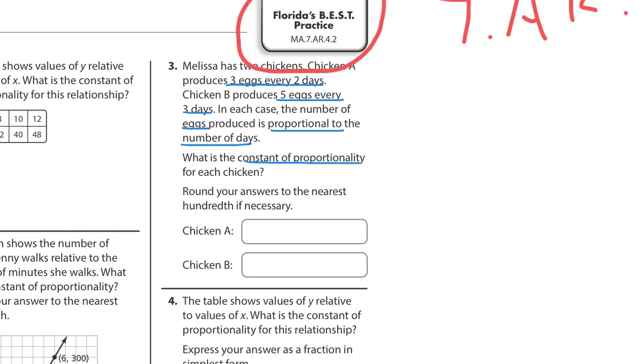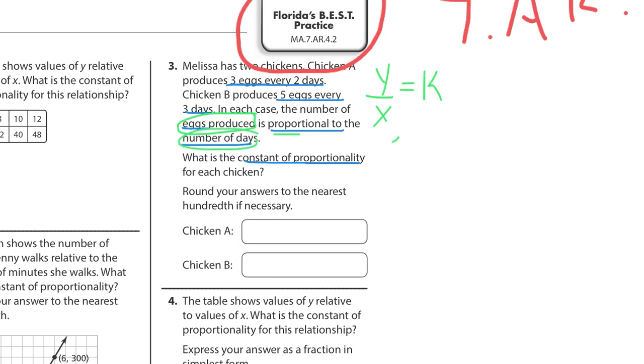Remember, constant of proportionality is K, which equals Y over X. So this relationship, we need to focus on how it is proportional. So it says the number of eggs produced is proportional to the number of days.